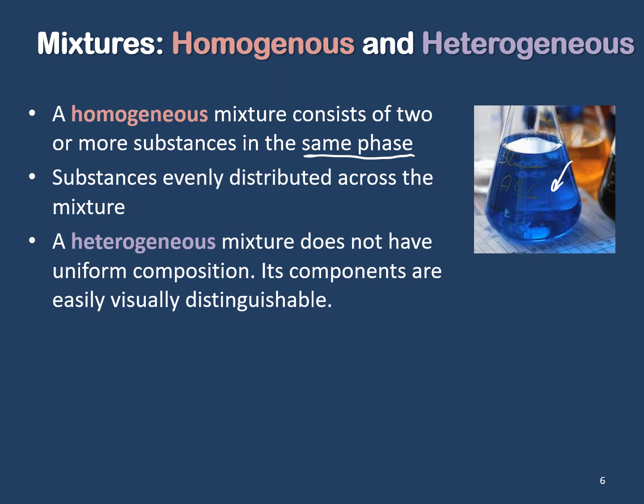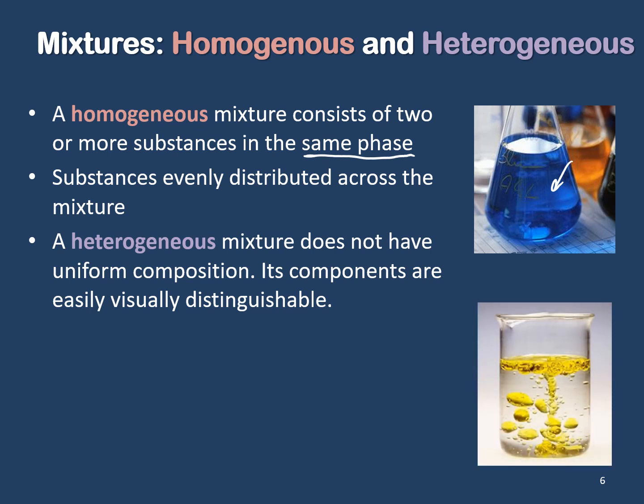A heterogeneous mixture does not have a uniform composition. Its components, we can actually usually see them separated from each other. Like in this beaker here, we see that the yellow isn't evenly distributed across the entire solution or mixture. It has these pockets of yellow, and these two are not mixing well.